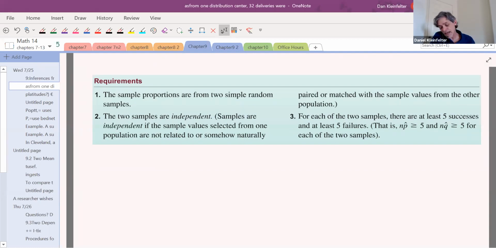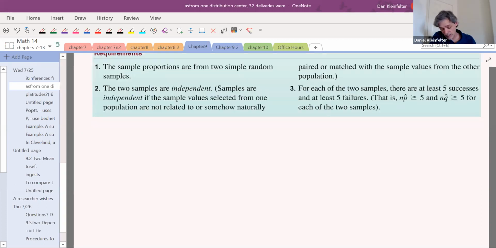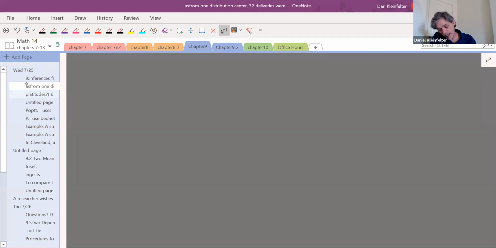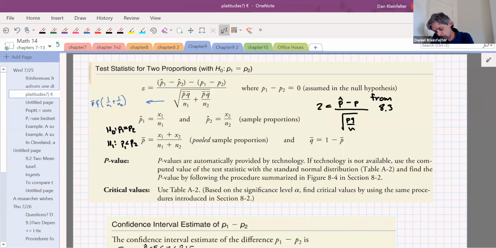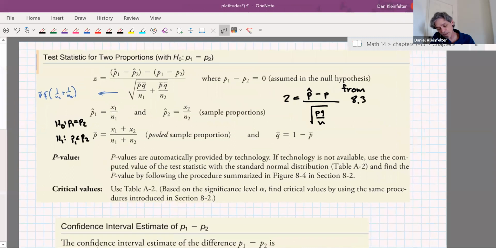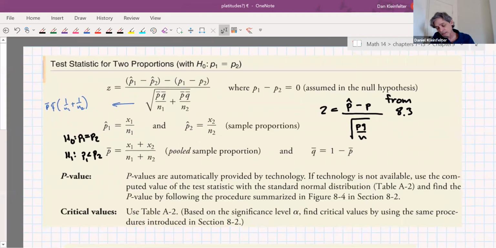Okay, we also need to have for the two samples at least 5 successes and at least 5 failures, so that n p hat should be bigger than 5 and n q hat should be bigger than 5 for each of the two samples.